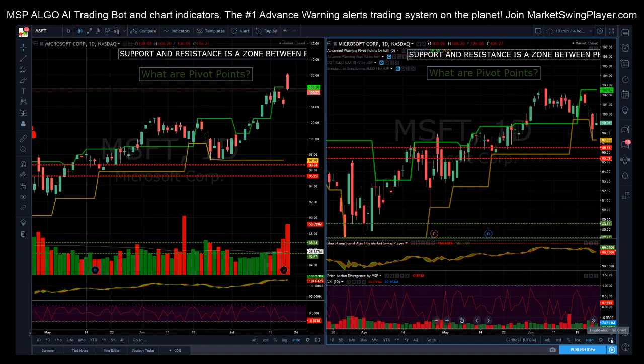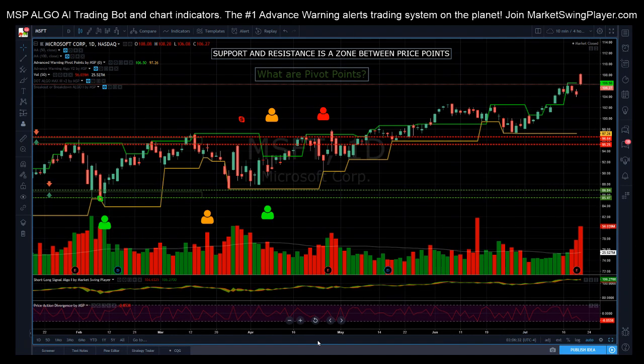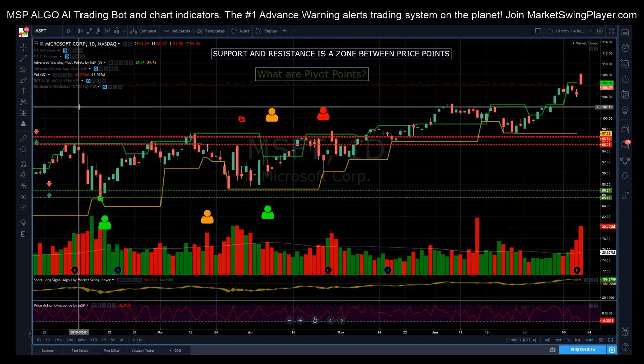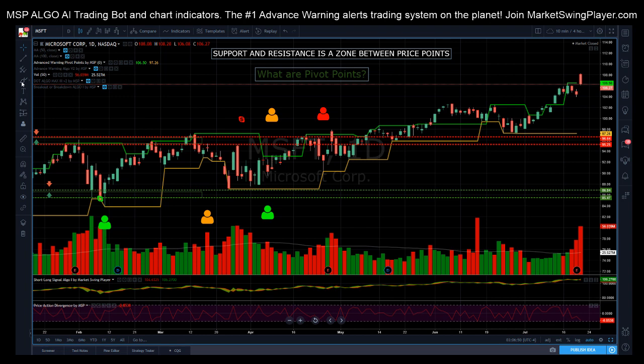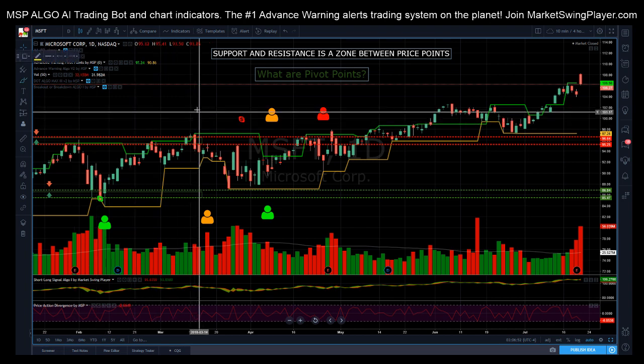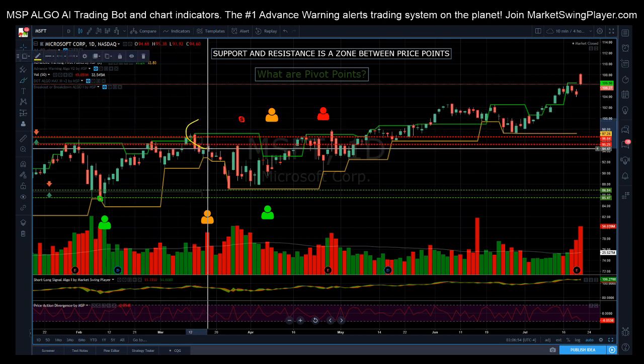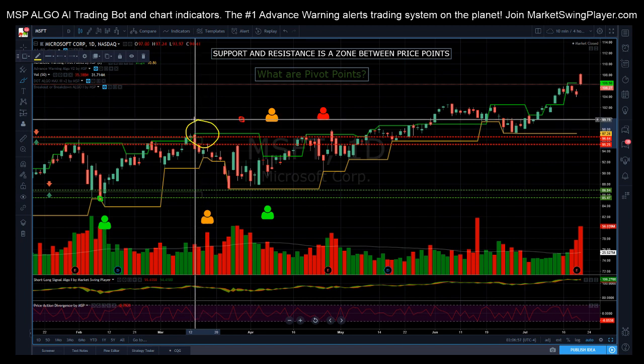So pivot points are significant support and resistance levels. Pivot points are not lagging indicators, but predict future price action, specifically near reversals. So we could see the lime green pivot point came near the resistance.